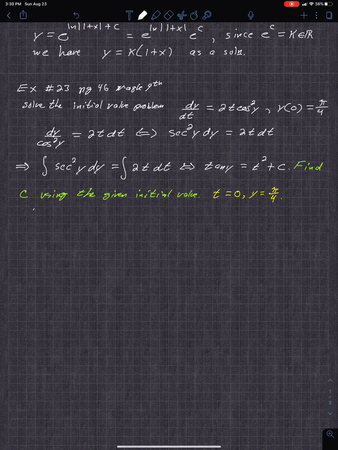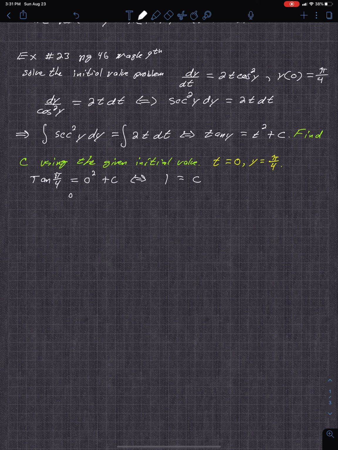So we say tangent of pi fourths is equal to 0 squared plus c. What's tangent of pi fourths? Pi fourths is 45 degrees, so that's root 2 over 2 for both sine and cosine, right? So that's just 1. So 1 is equal to c. And that's it. Nothing else to solve there, right? You're good.